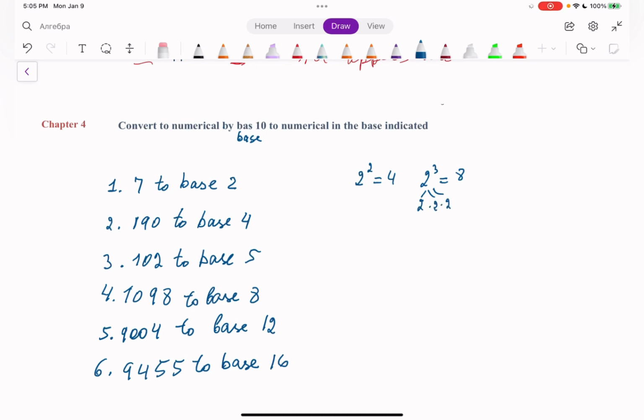I'm trying to figure out around 7, so it's somewhere between 2 to the power 2 and 2 to the power 3. 8 is going beyond, we don't need it. So we are going to work with 2 to the power 2, which equals 4.